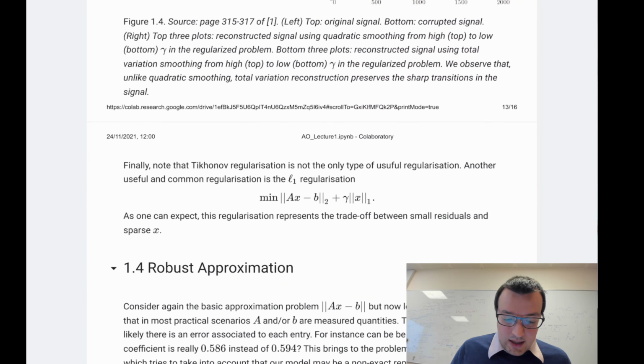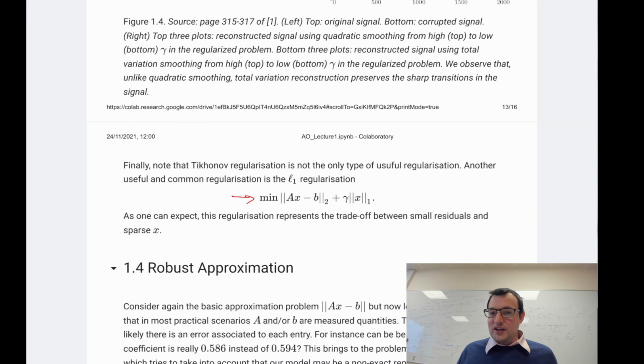And the last thing that I want to say is that Tikhonov regularization is not the only type of regularization that is used. There are other common regularization techniques, and for instance, another one that is common is one in which we weight the residuals with a Euclidean norm, and we use an L1 norm for x.